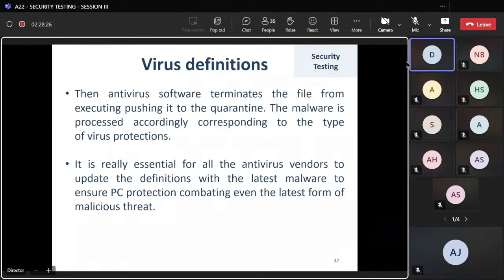And if there is any malicious script or program that has been detected, then it will perform actions. Either it will try to clean or delete or quarantine, and it will write the logs.